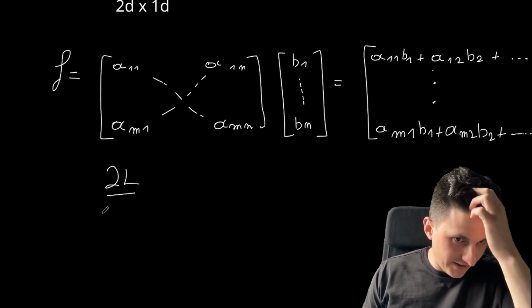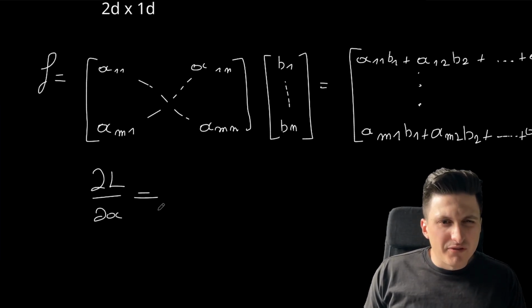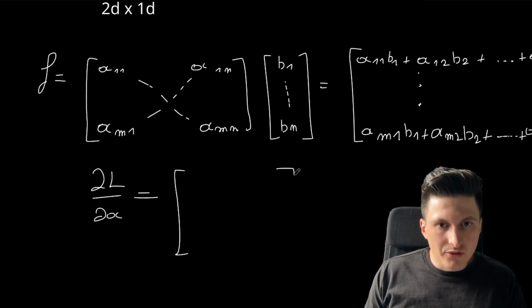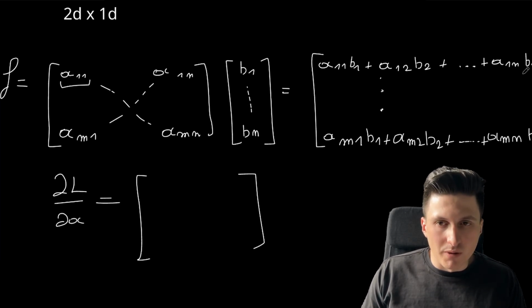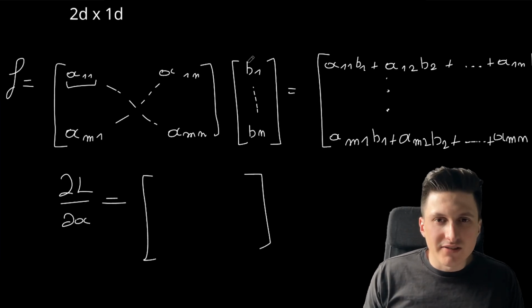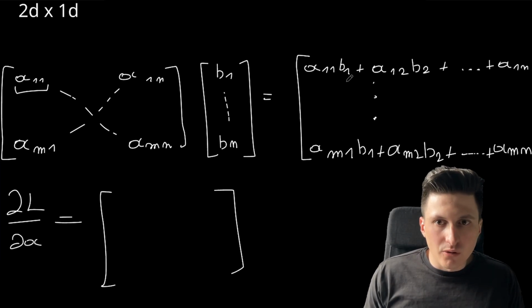So what does this mean for our derivatives? Because we are interested in derivatives. And the derivative of the loss with respect to a, once again, a 2D tensor. And we need to, for example, on the first position, see how much this element actually influences the output. And as we can see, the first element is used only here in the first row of the output. And the local derivative to that is b1, because in the other terms, a11 isn't used.